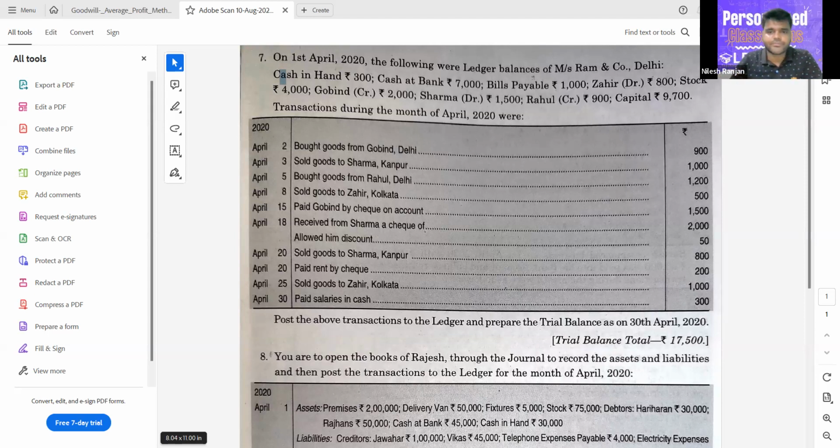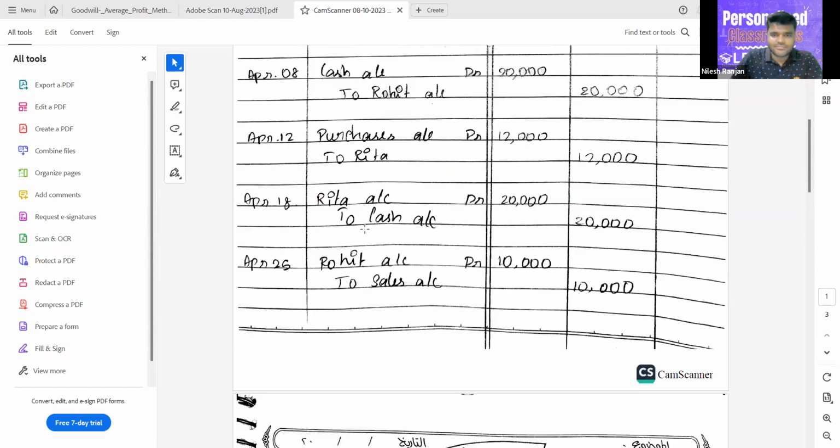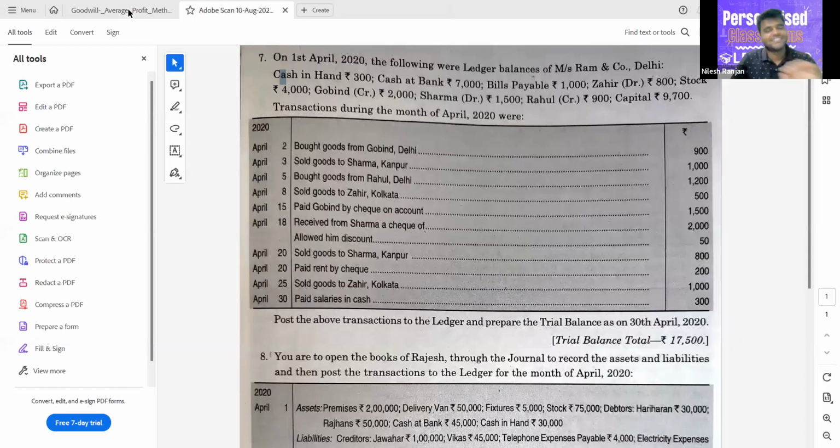Yes, sir, the GST question. Can you not show me my question paper, sir? It is very ugly. Okay. Let's take a look at the test paper.